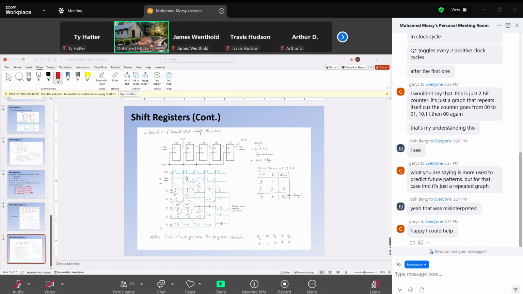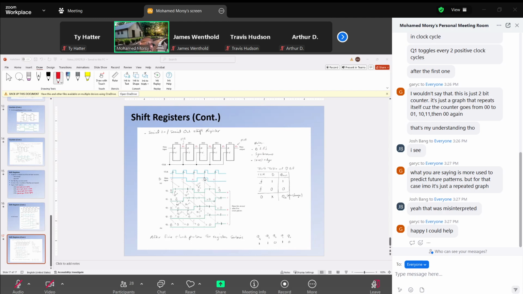And now whatever happens for the input here, since the clock is 0 between the edges, there is no change at the output until we reach the next edge. Just before the next edge, we have input 0. So 0 appears at the output, and we continue 0 until the next edge.